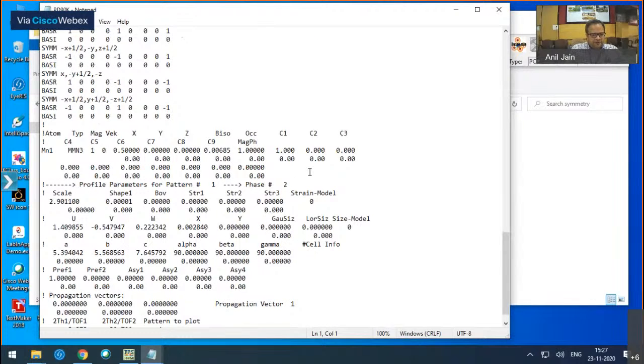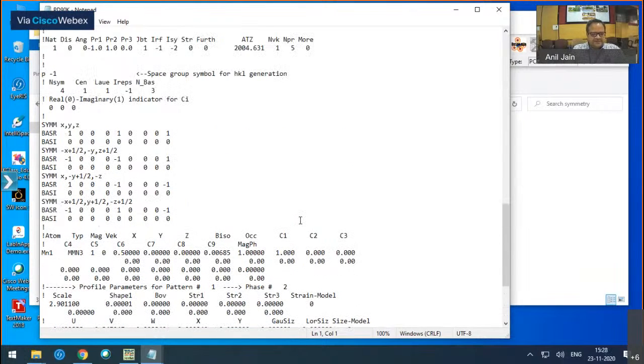And now if you have only the C1 coefficient, what it is telling us is that if I write only C1 equal to 1 and C2 and C3 0, looking at these basis vectors, my moment is aligned along only the crystallographic a axis.